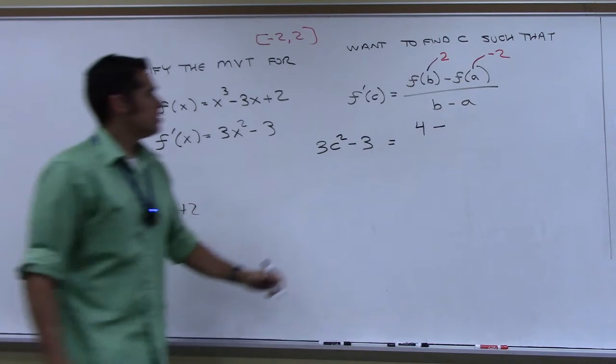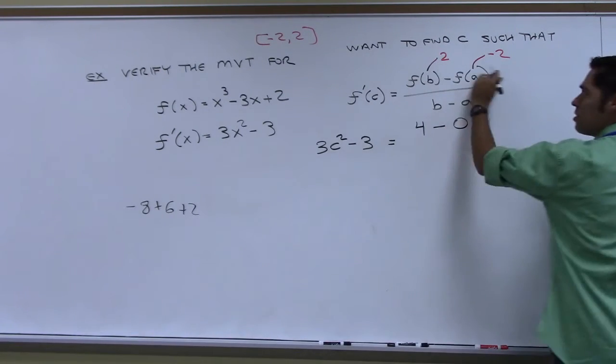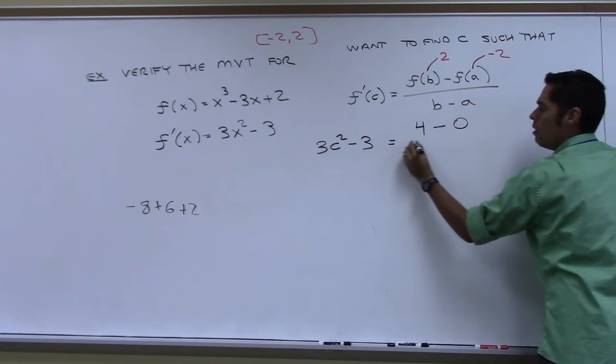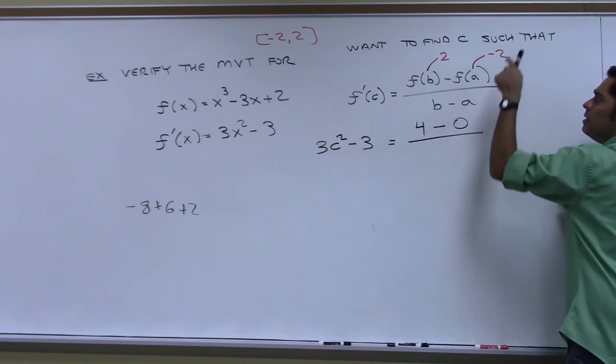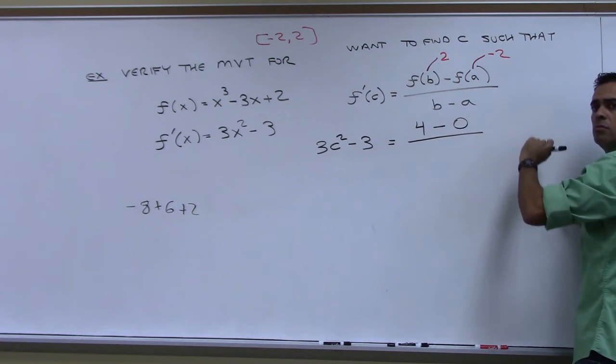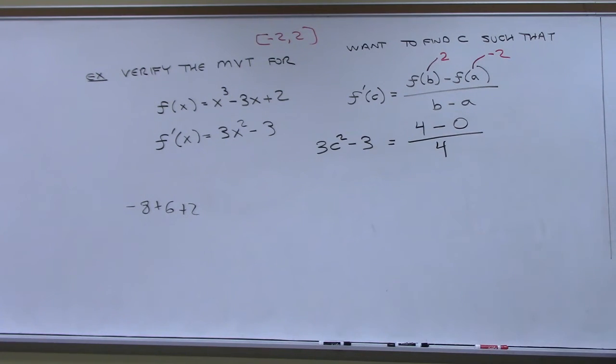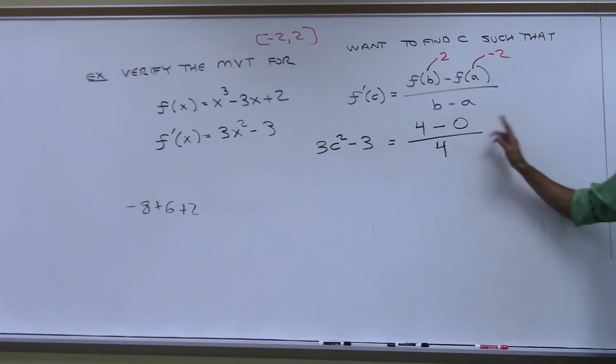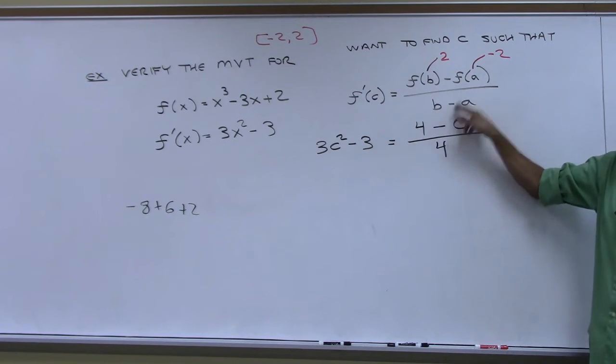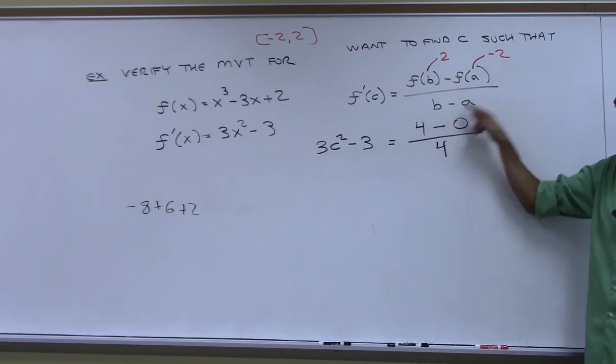So the top right corner is 0. Any question on where these numbers are coming from? Over b minus a. That's 2 take away negative 2, plus 4. So this whole thing's going to be 1. B is 2, take away negative 2, that's 2 plus 2, that's 4.